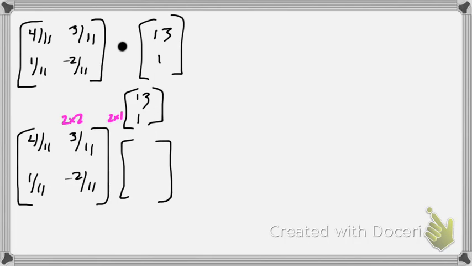So now we have to multiply a 2 by 2 times a 2 by 1. So we're going to take a dot product, 4/11, 3/11, dot 13, 1. 4/11 times 13 is 52/11. 3/11 times 1 is 3/11. That's 55/11, which is 5.